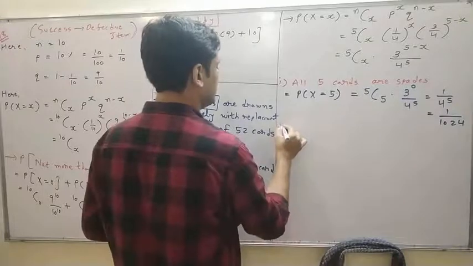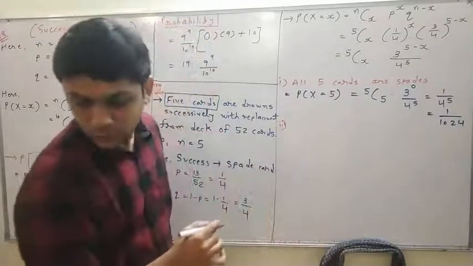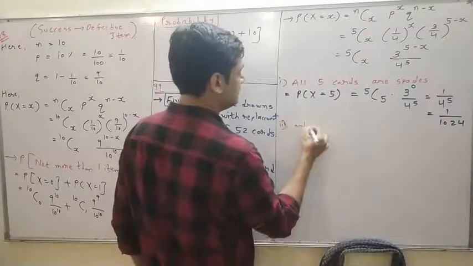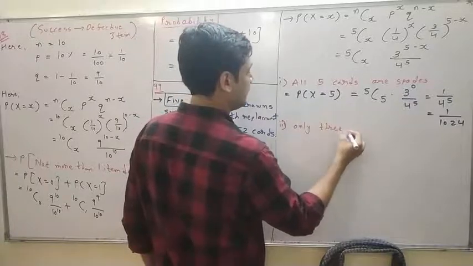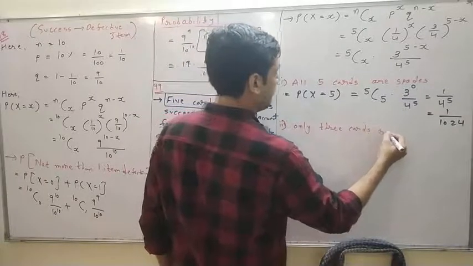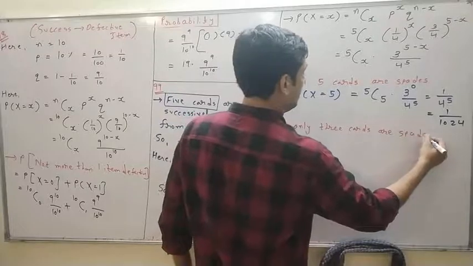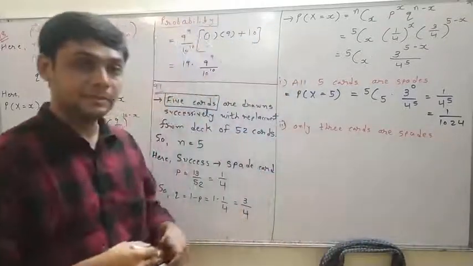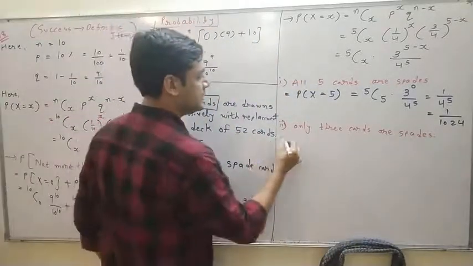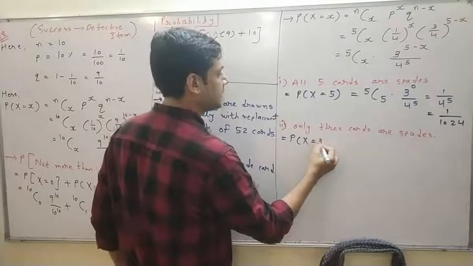Second question: only 3 cards are spades. Only 3 cards are spades means number of successes is 3. So we have to find P(X=3).